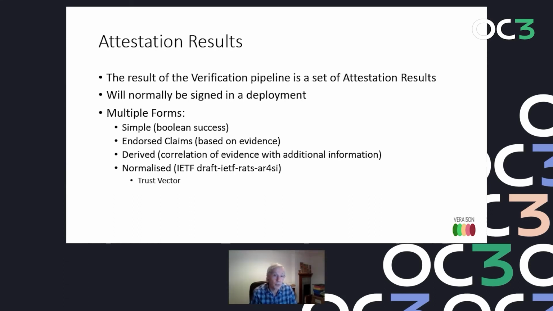It can be derived, the ability to correlate information against the external party, and that's what we call derived claims. Or alternatively, we can have a normalized set, and there's some more work in the IETF on this, which is basically saying, I may have multiple technologies, but actually I can normalize them down to a set of common terms, like my hardware is suitable for this date, or my firmware is all being validated, my firmware is up to date, things like that.